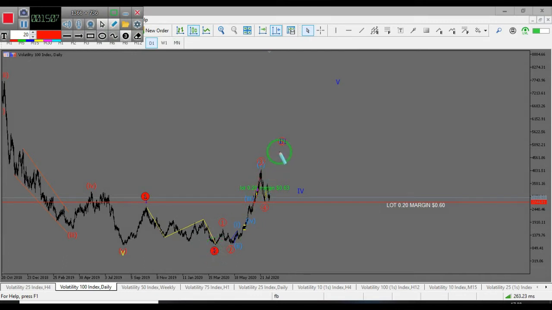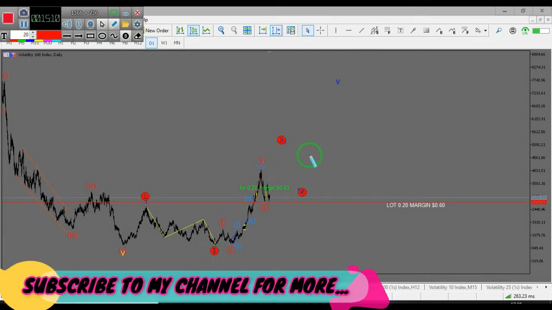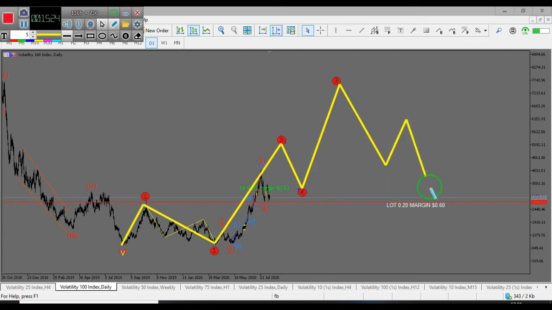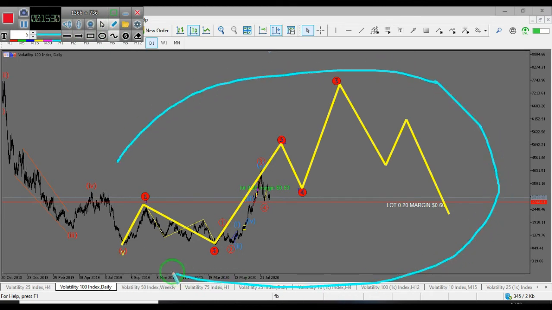Wave 1, wave 2, wave 3, wave 4, wave 5. This is the full long-term forecast. 1, 2, 3, 4, 5, then an A, a B, a C. This is the long-term forecast of V100 that we have so far.